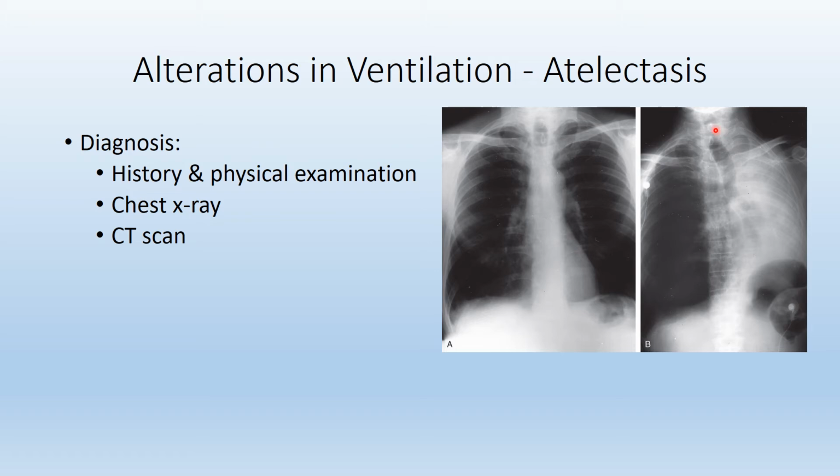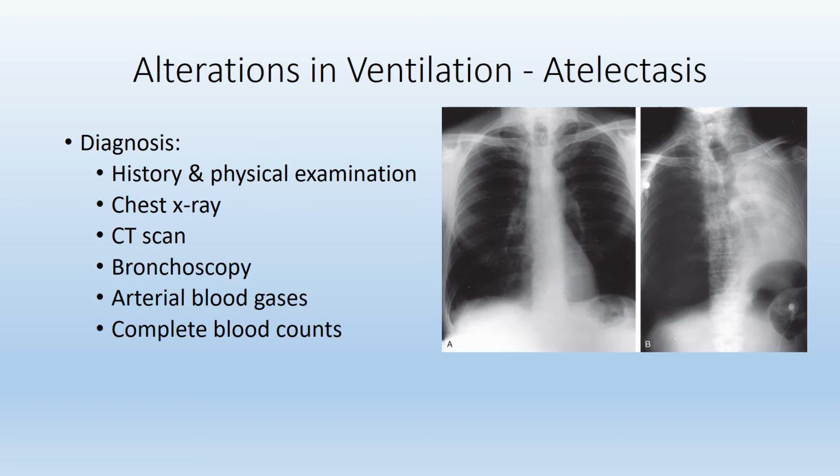You can see that it is collapsed on itself. The internal pressures of the surface tension inside the alveoli have forced that lung to collapse. A chest x-ray is going to show this, and the CT scan is also going to show this. A CT scan is really just a three-dimensional x-ray, and so it allows multiple angles and viewpoints to be collected.